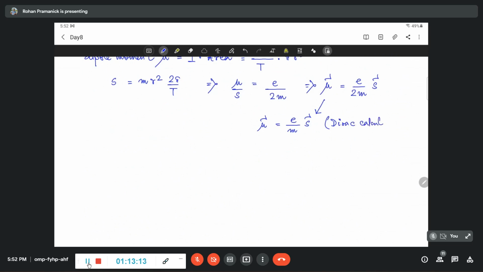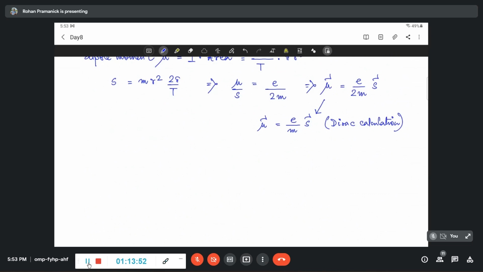If you really want to do spin in this way, you have to do the fully relativistic calculation. The Schrodinger equation has a relativistic approximation, and if you fully do this relativistically, you will find spin emerging as a byproduct. So let's not go into that, but you will find that this expression has a factor of 2, and it gives you mu equals e by m times S. Here S is the spin of this electron.